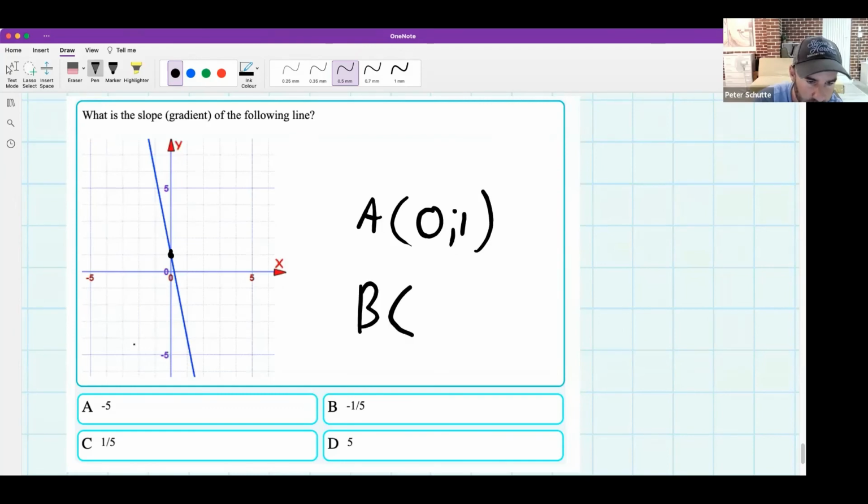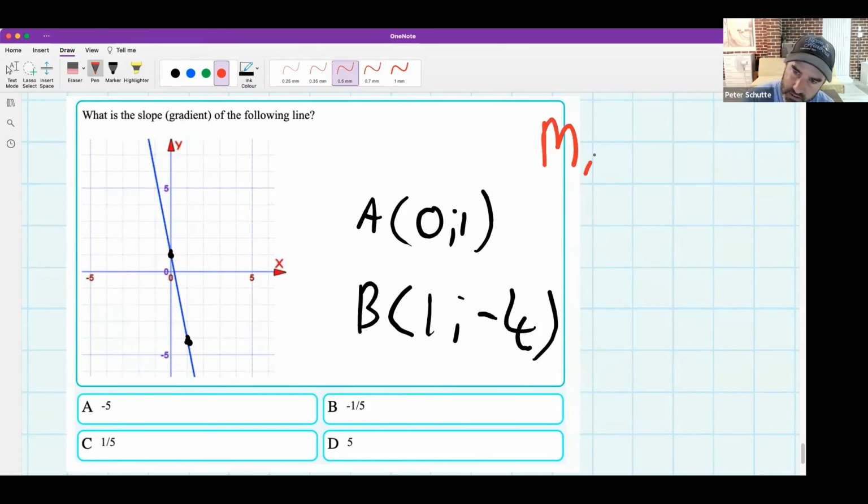And the point B is down here, and it is going to be 1, 2, 3, 4. So that's going to be 1, minus 4. I'm doing that because I want you to get some experience working with the points tonight, as well as the drawing. So what is the gradient of AB? Show me the answer in the chat.